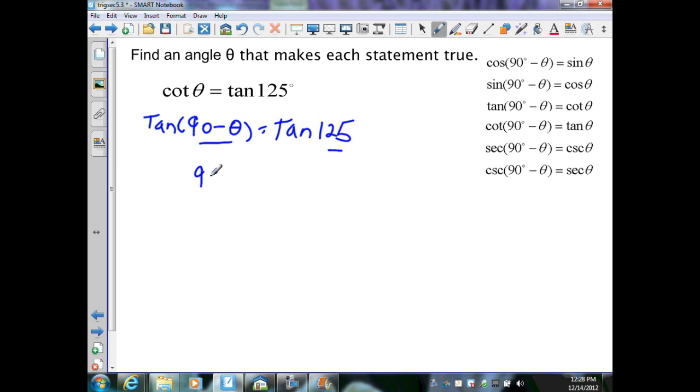So 90 minus theta equals 125. Negative theta equals a positive 35 degrees. And when I solve that, theta equals a negative 35.